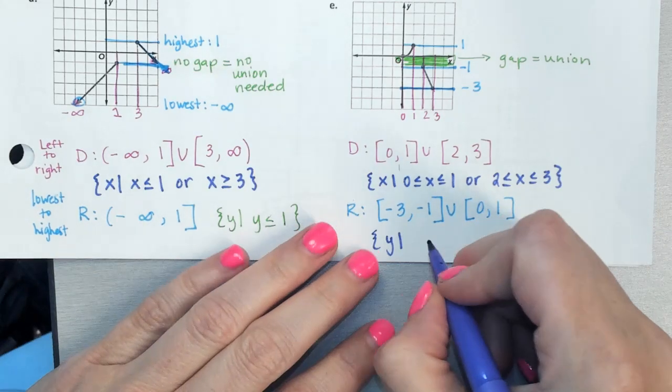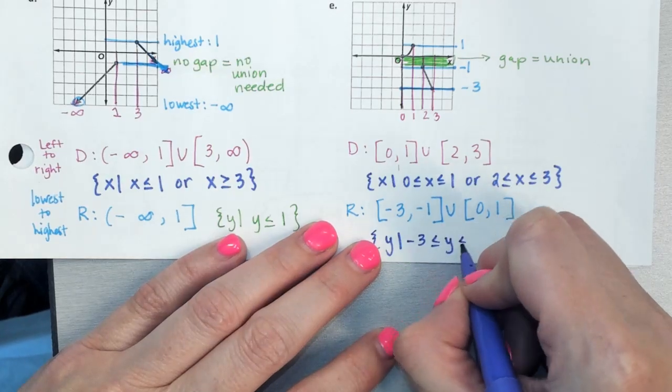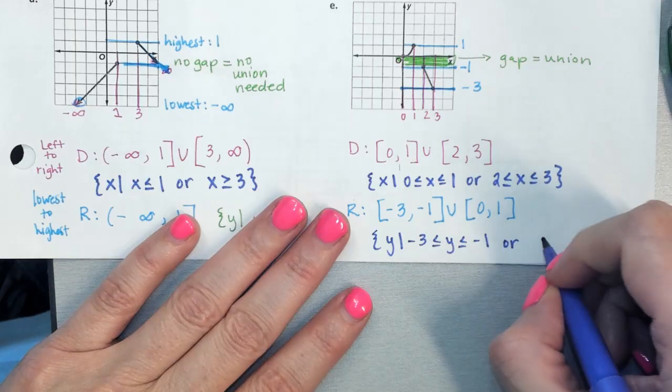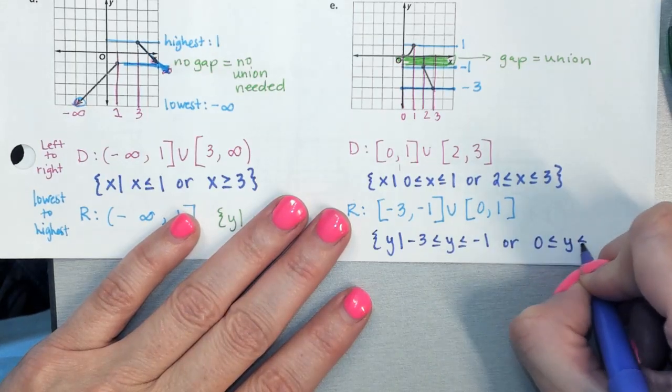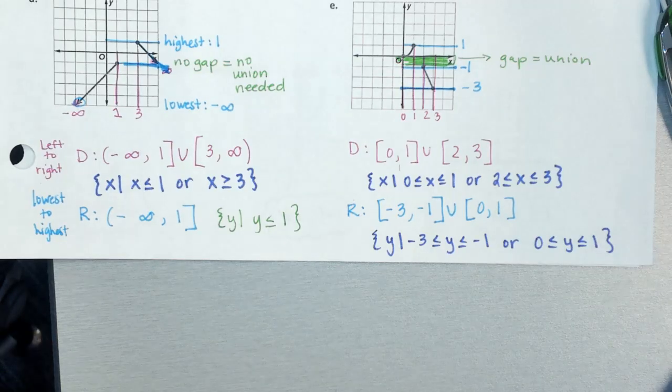So anytime you have those intervals and there's no infinity, you are always going to put them in between. And again, you're going to connect those with an or. Okay, and you have your fancy brackets.